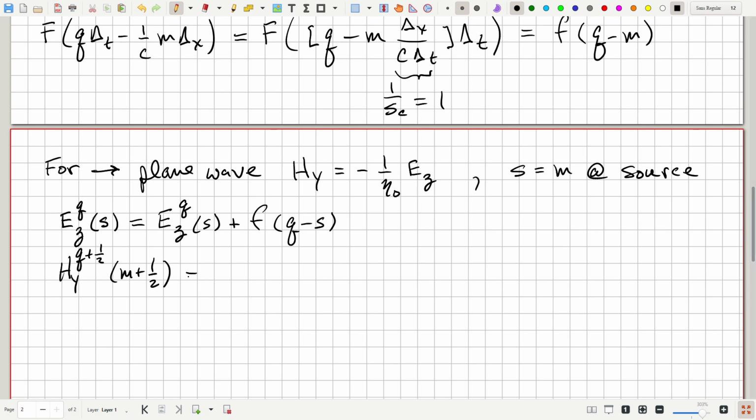Well, that's going to be, and the m is going to be the source point here. So that's going to be whatever value came out of the update equations, plus we add in this plane wave component, which is going to be minus 1 over eta_0 times f of, well, let's see, for q, we've got q plus a half, and then minus, and for m, we've got s plus a half.